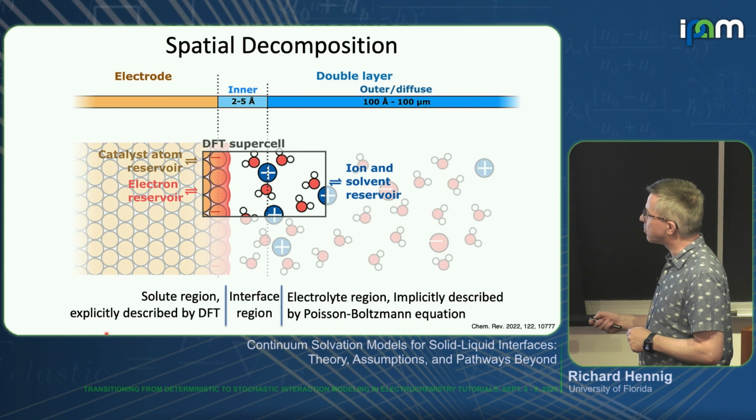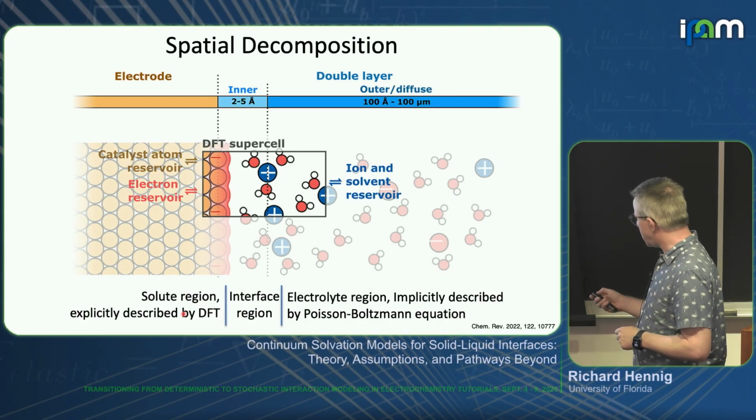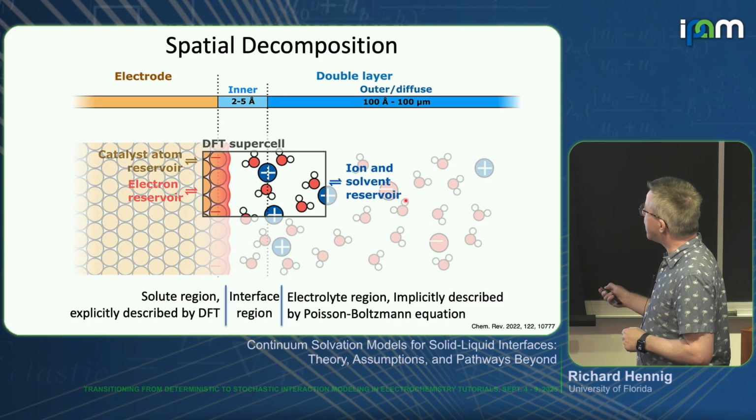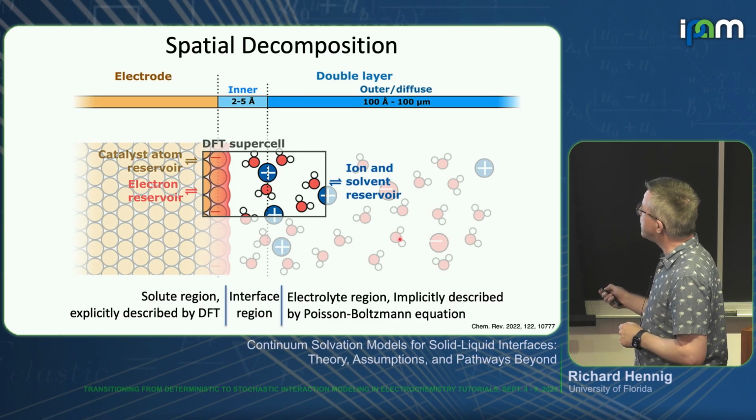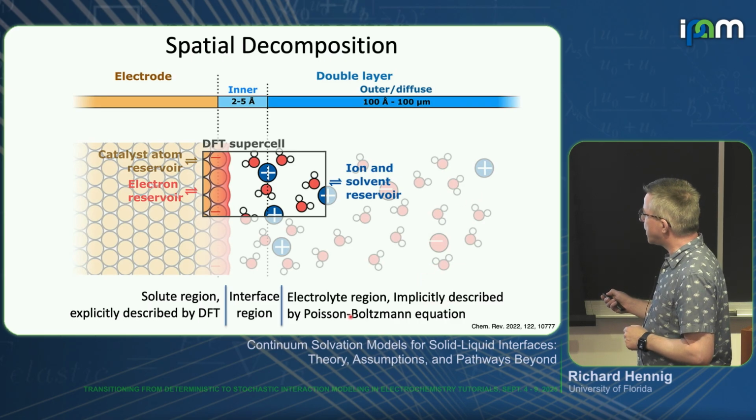And so this is typically described in these methods by explicit density functional theory or some quantum chemistry method. Out here on the right, we have our water, and this is a part where not much is happening. We're far away from the electrode, and so in that case, we're going to describe that by our implicit solvation model, and I'm going to show you later that we obtain the Poisson-Boltzmann equation there. That's our electrolyte region out here.